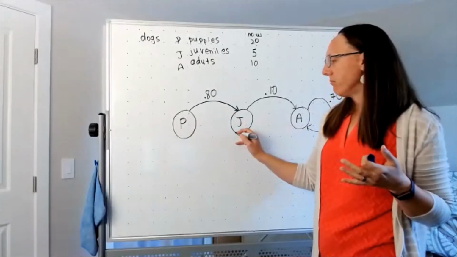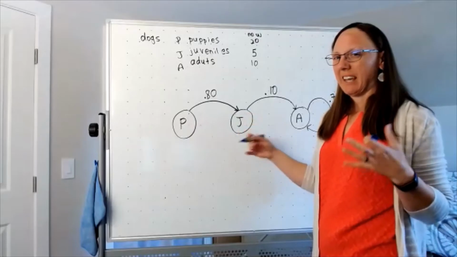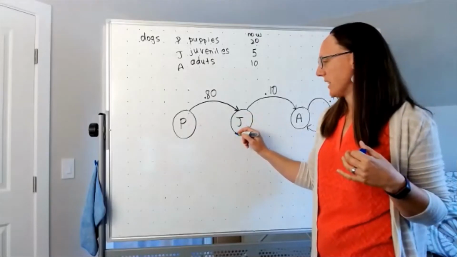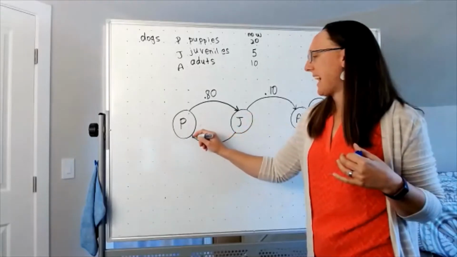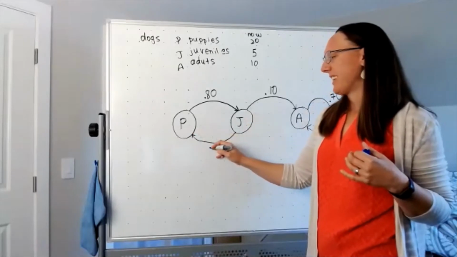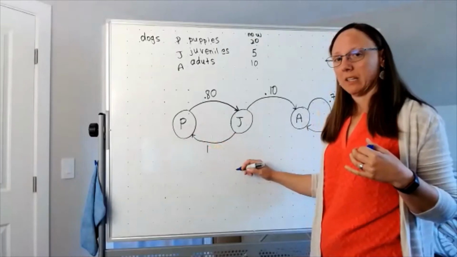Out of each litter from those juveniles, how many of those puppies are going to survive, do we think? I'm going to make up a number for us. I'm going to say that each juvenile can really only handle rearing one puppy.